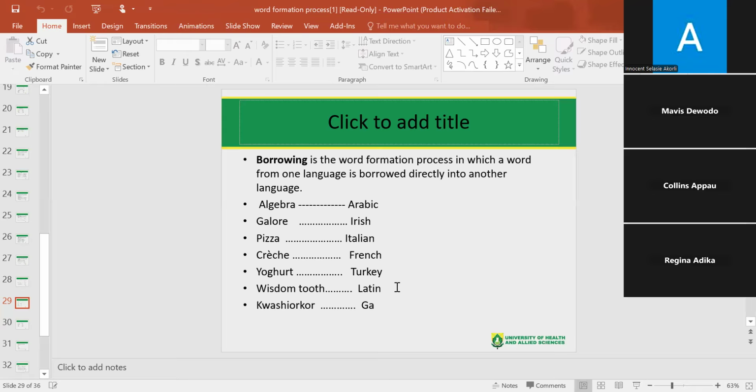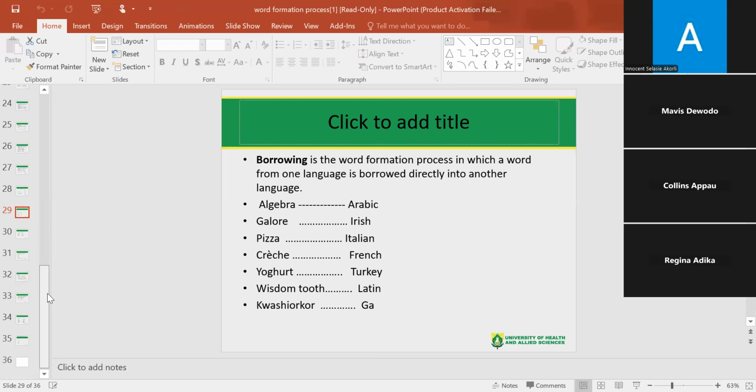So one of the ways by which you test that a word is borrowed is if it is accepted into a dictionary of the language which is borrowing a particular item. So all these things we mentioned here, you can see them in English. Algebra, galore, pizza, crèche, yogurt, Kwashiorkor.